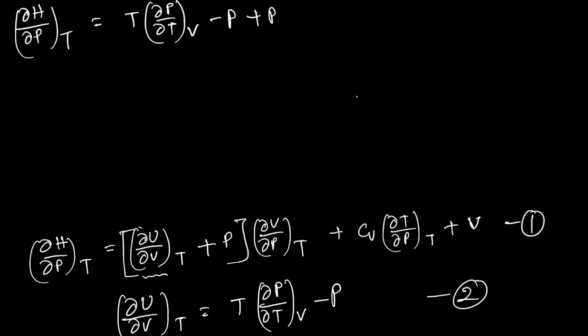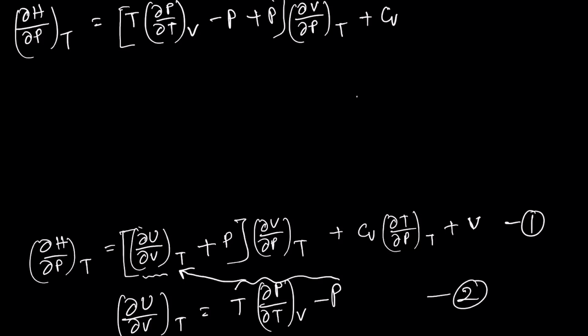So, I am replacing the whole thing into this, plus del V del T at constant P del P at constant T plus CV del T del P at constant T plus V. Now, one thing cancels, P, that is a good thing.